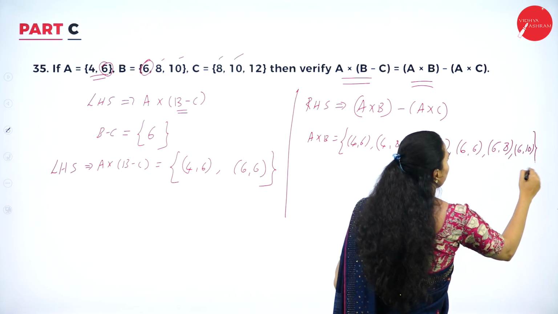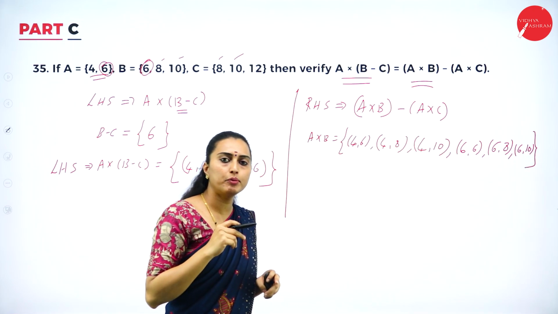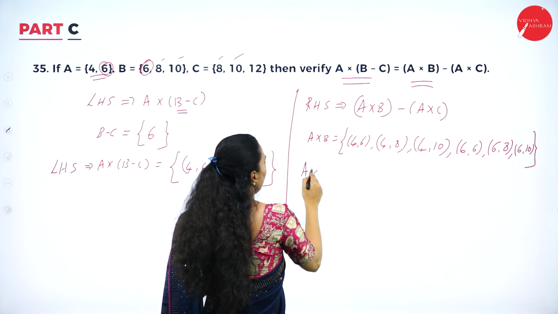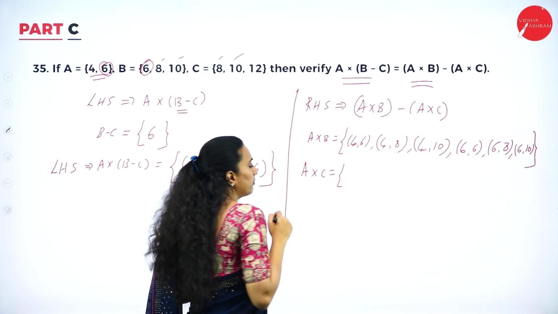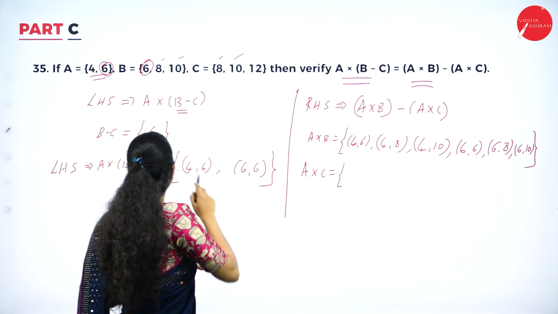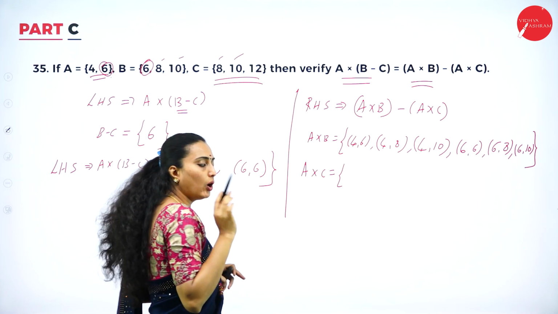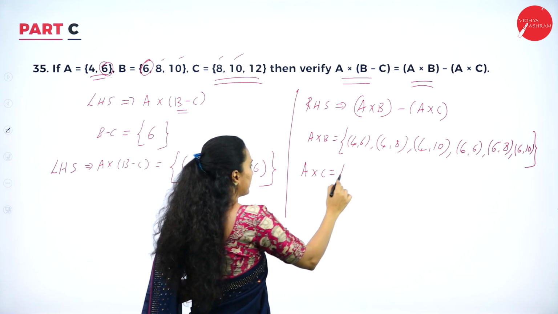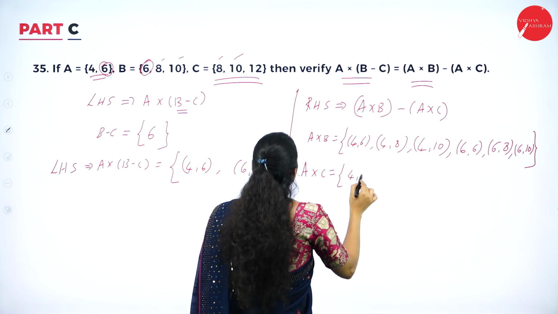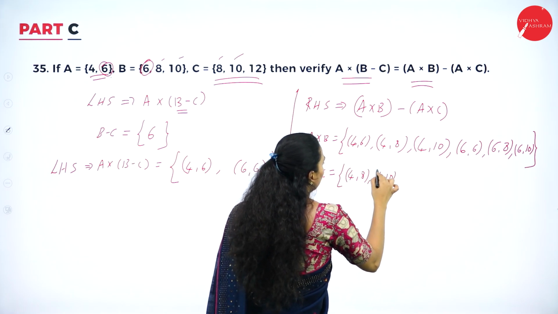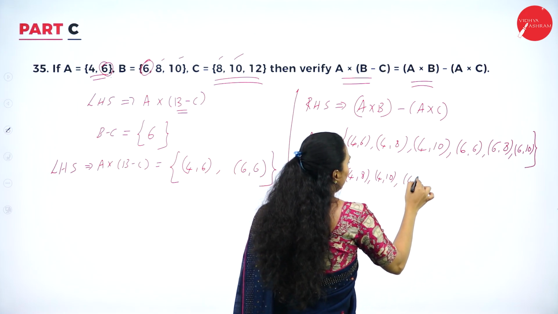So close the flower bracket. So this is what the ordered pair of A cross B. Let us do now A cross C. A cross C, Cartesian product along with A and C. See here, A elements are 4 and 6 and C elements are 8, 10, 12. Along with 4, all 8, 10, 12. Correct? So (4, 8), (4, 10), (4, 12).